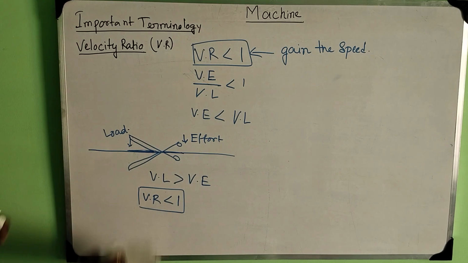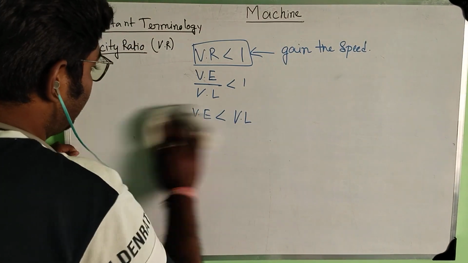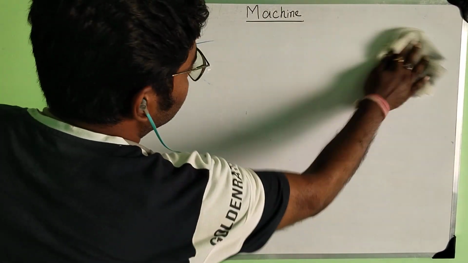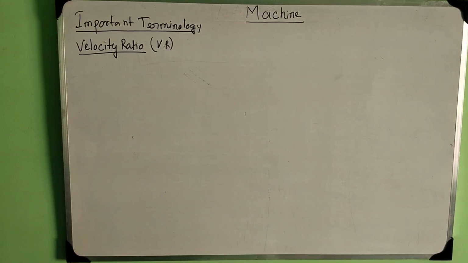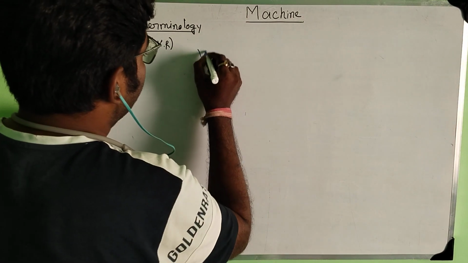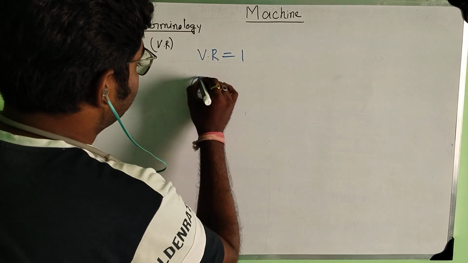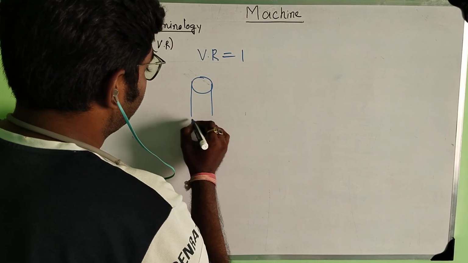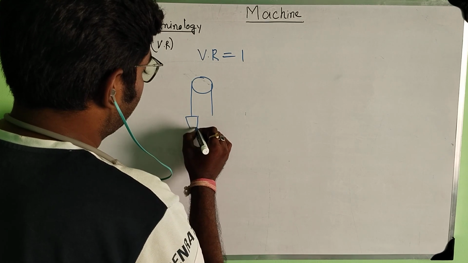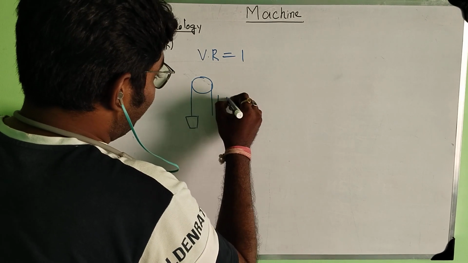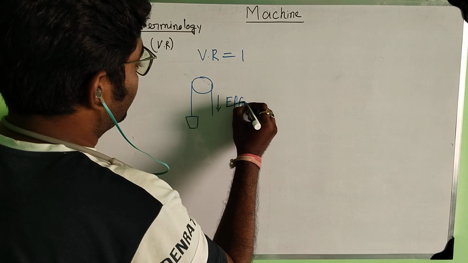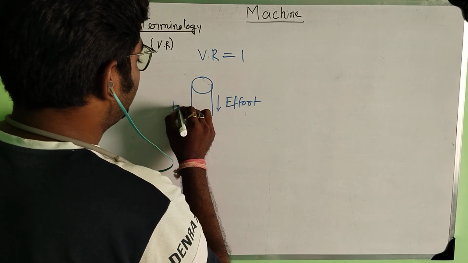Now if velocity ratio is equal to 1, that means in case of a pulley, this is the effort point and this is the load point.